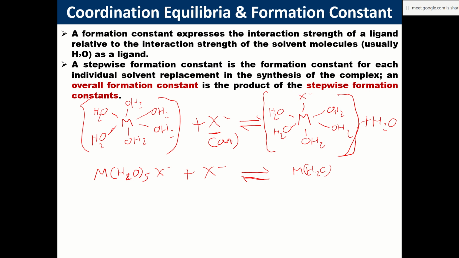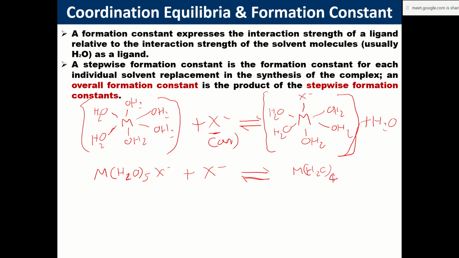Every formation of a new complex in water is a ligand substitution reaction, because as soon as any transition metal ion is dissolved in water, the water molecules surround it and form a coordinate bond like the one that I have shown here.